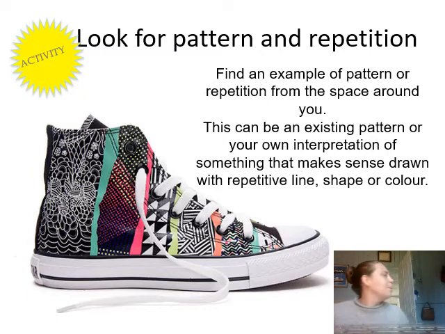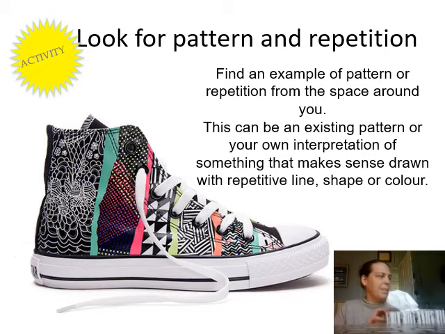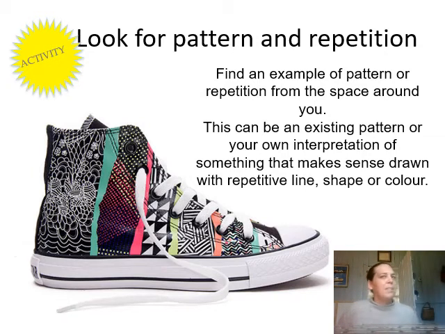So I might look around my room and there's sort of these boards on the walls. So maybe I would draw all those lines that I see on my wall. Or on my Kleenex box, I've got these little birch trees that are repeating. So just look around your space for an example of pattern or repetition to sketch. And you can pause the video while you do that.